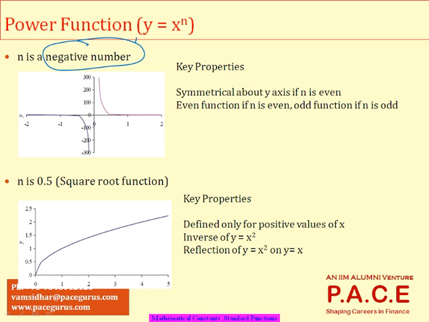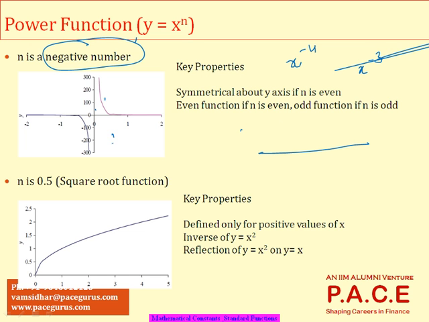If n is a negative number, just like when n is a positive number, we see the graphs. But the only difference is, instead of a continuity there, we will find a discontinuity. So if n is still even, like x to the power of minus 4 versus x to the power of minus 3.